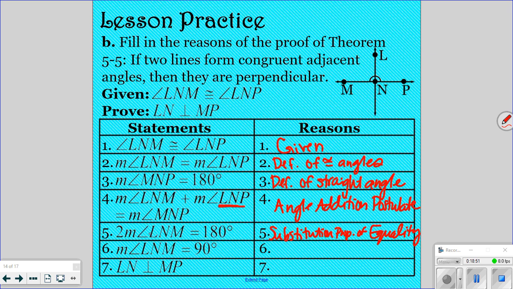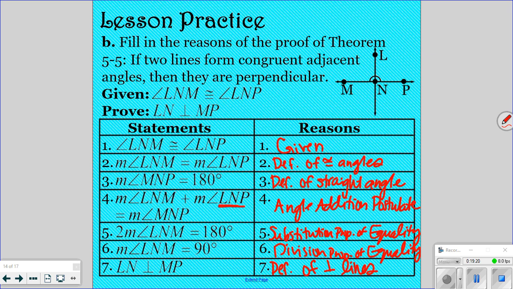From there, we can divide by 2 on both sides to get 180 divided by 2 is 90. So division property of equality. And then from there, if this angle equals 90, then the lines are perpendicular, and that stems from the definition of perpendicular lines.